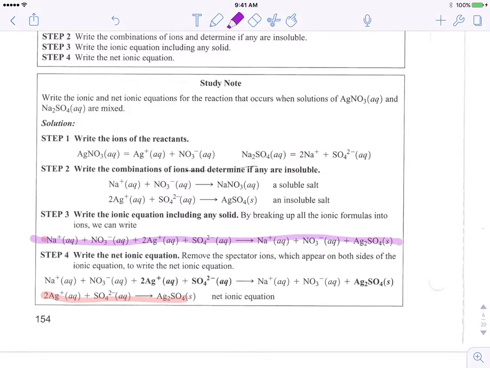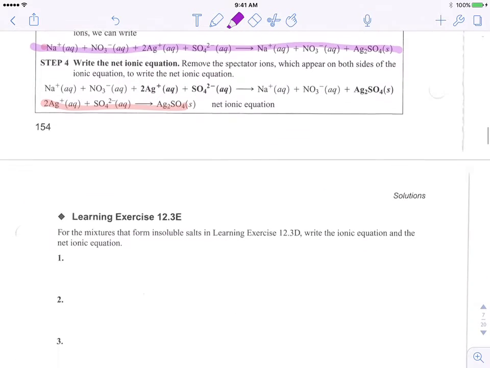So every compound gets broken up into separate parts. They break up. That's your ionic equation. Only the solid comes together. That's our net ionic equation.